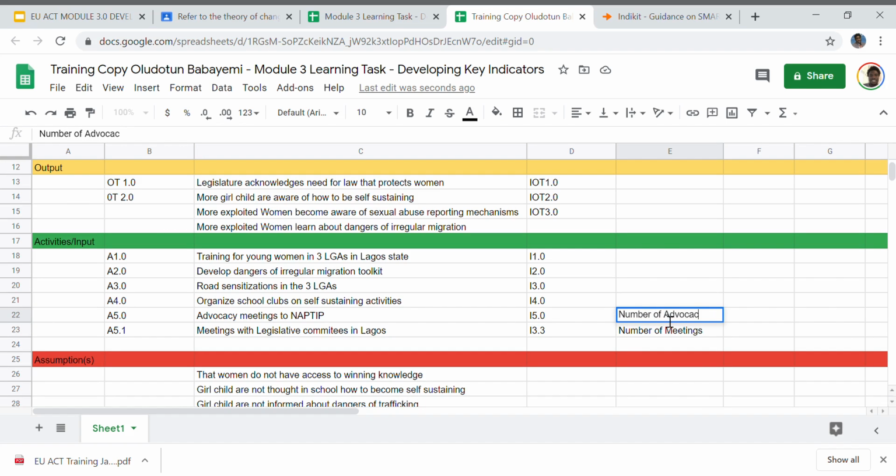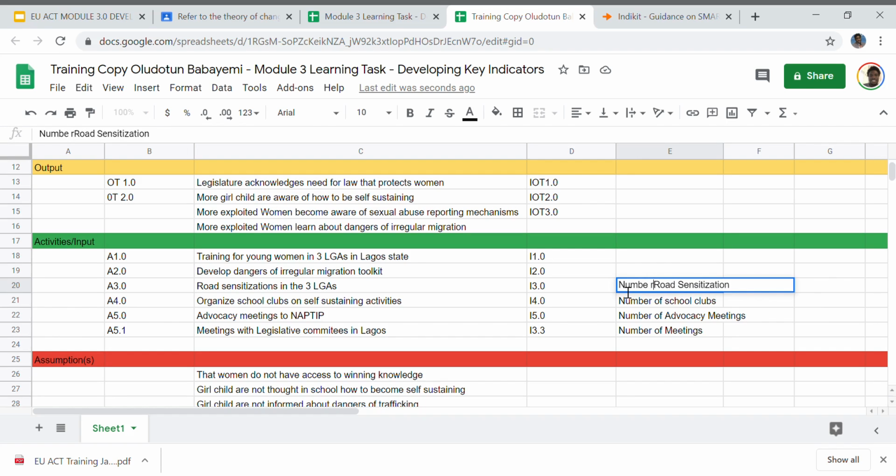Number of advocacy meetings, number of school clubs, or road sensitization.